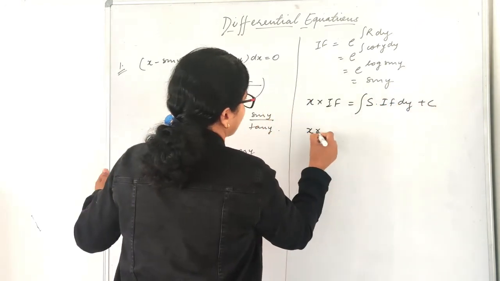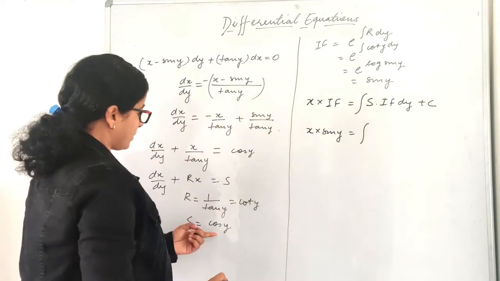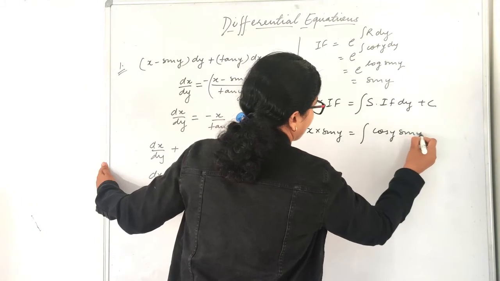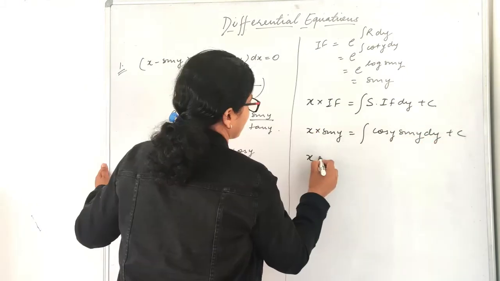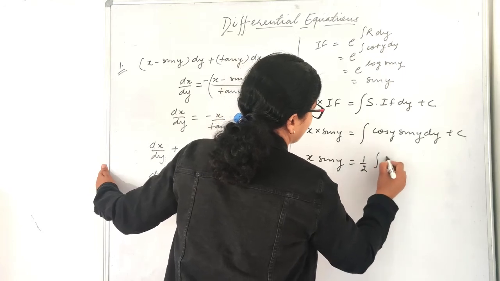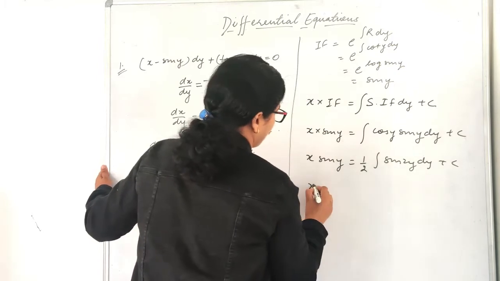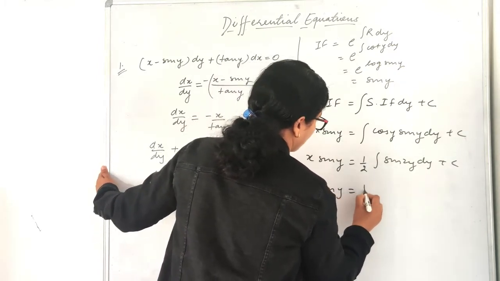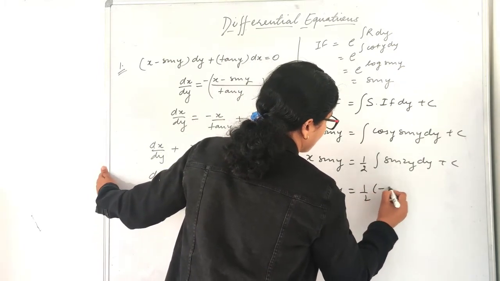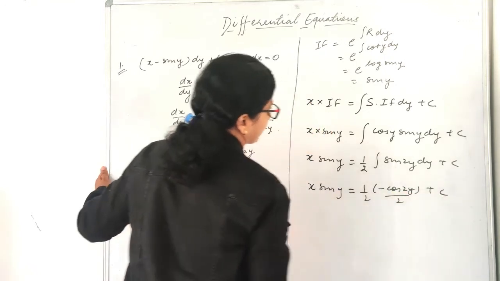So x into sin y equals to integration, value of s is cos y, sin y dy plus c. So x sin y equals to, I can multiply here by 1 by 2, so this will become sin 2y dy plus c. x sin y equals to 1 by 2, this will become minus cos 2y upon 2 plus c. Okay.